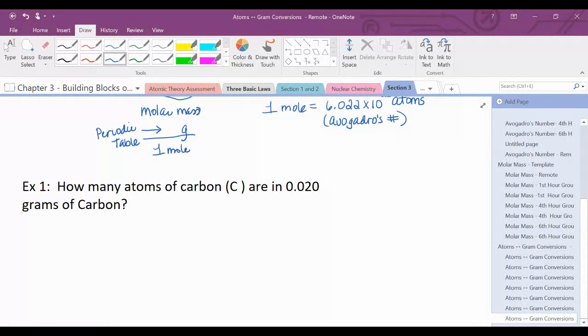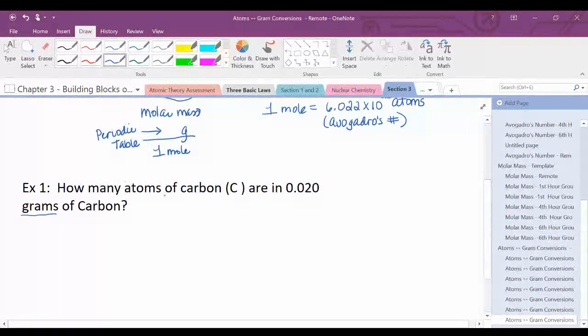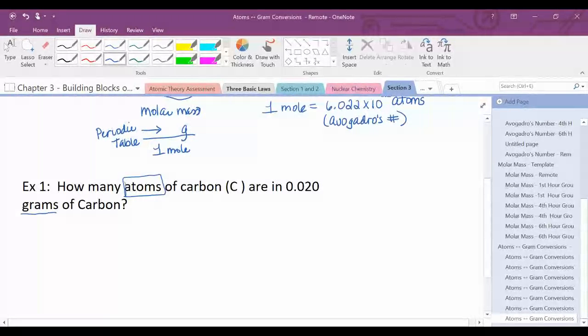Over the last couple of weeks, I've told you that the mole is our base unit, and if the mole appears in the question somewhere, then we only need one conversion factor. When I look at this problem, the units I see are grams and atoms, so I'm going to need both of our conversion factors from the last couple of weeks.